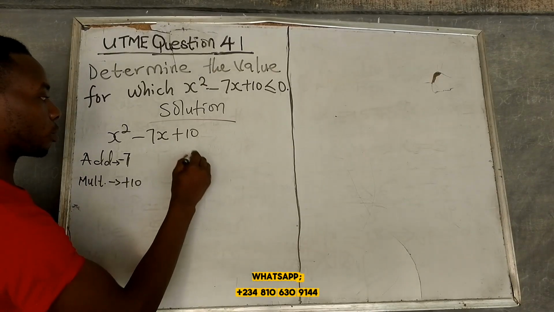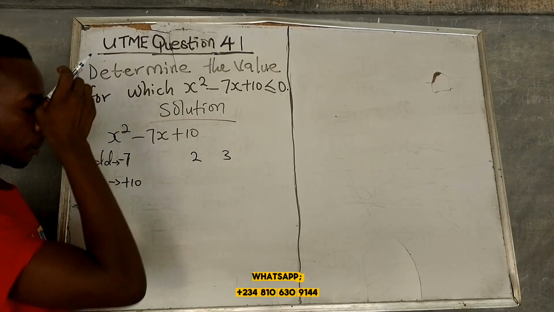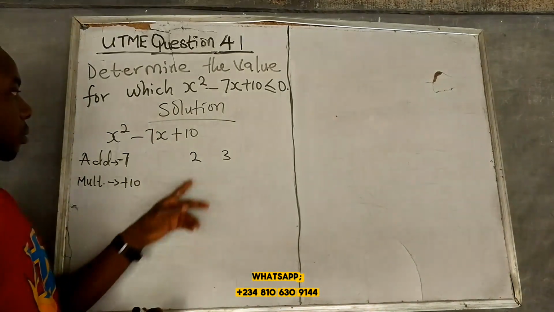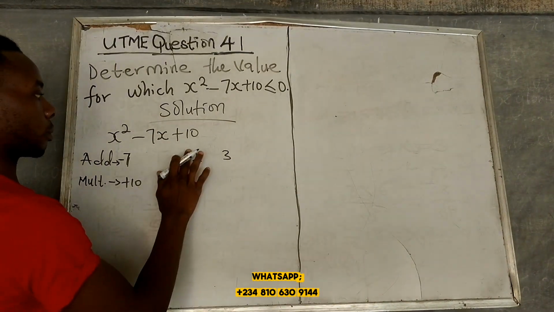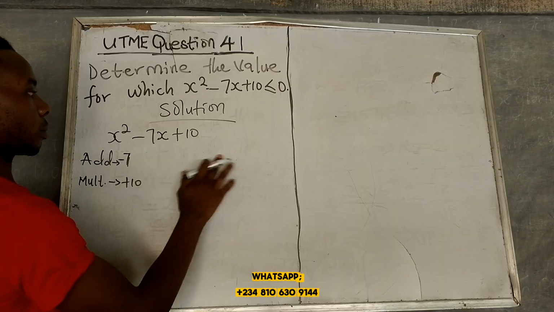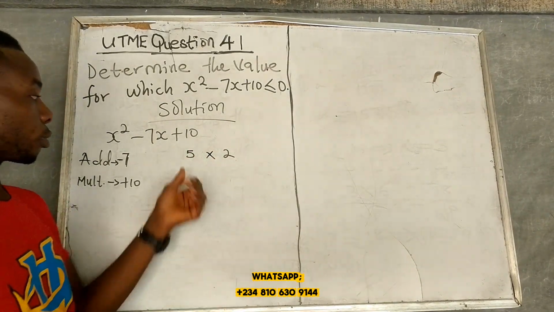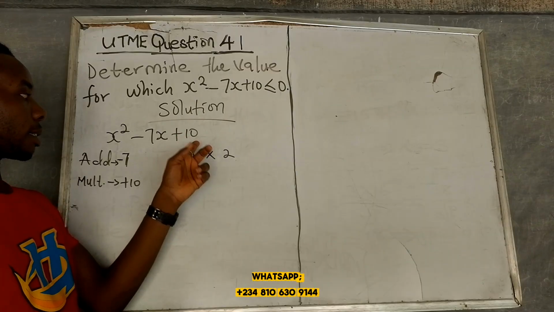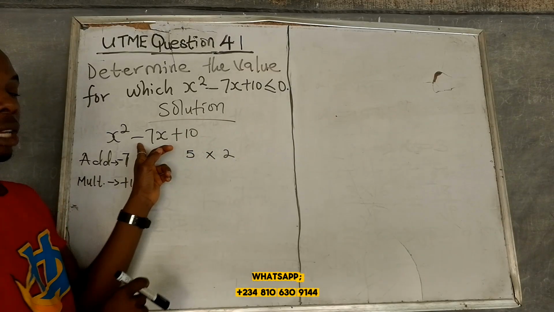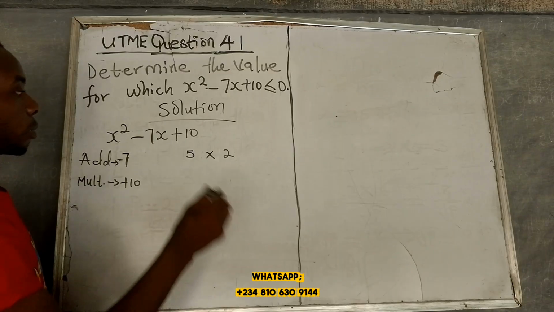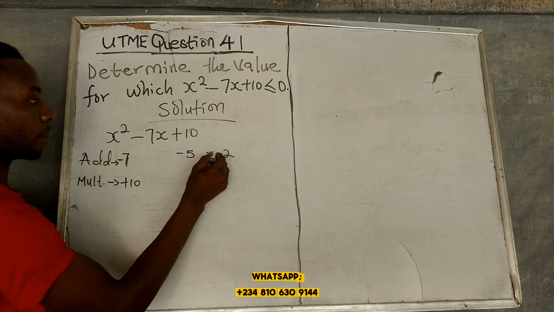Now, let's try 2 and 3. No, sorry. 5 times 2, sorry. 5 times 2 is 10, right? It is plus 10, but it cannot give us minus 7. So we need to put a minus here and a minus here.